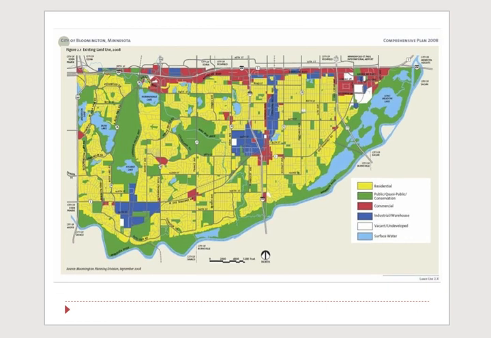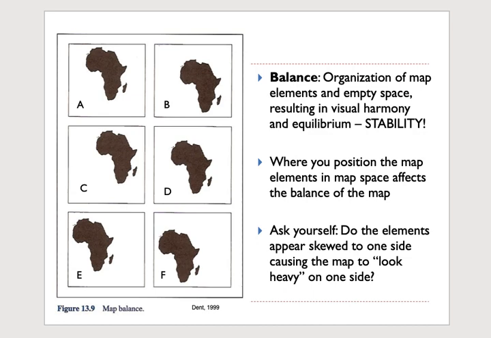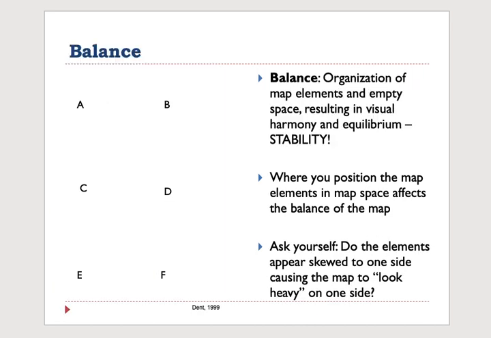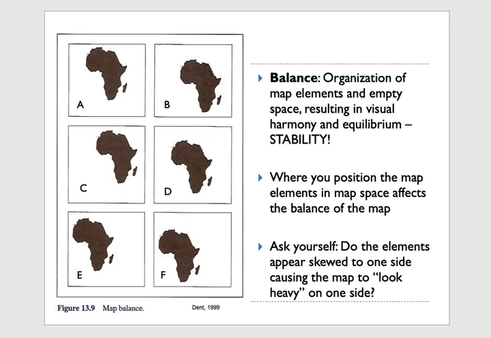And again, with this map, this is the city of Bloomington, Minnesota. And it's very important to balance out your map, the organization of map elements and empty space, resulting in visual harmony and equilibrium shows stability. So where you position the map elements in map space affects the balance of the map.